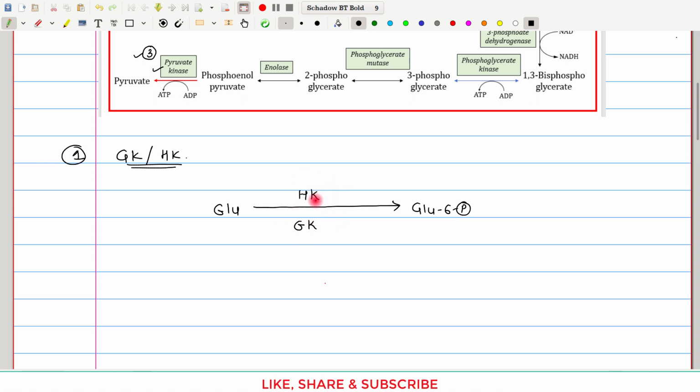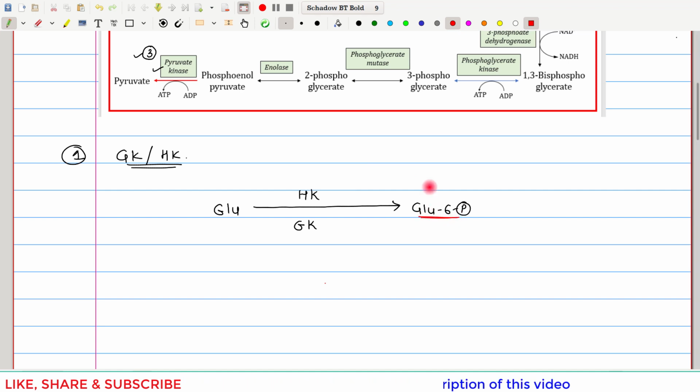Rather, here we will focus just on the regulatory aspect of these two enzymes. Hexokinase and glucokinase are differently regulated. Let's first discuss hexokinase. This hexokinase is allosterically inhibited by glucose 6-phosphate.